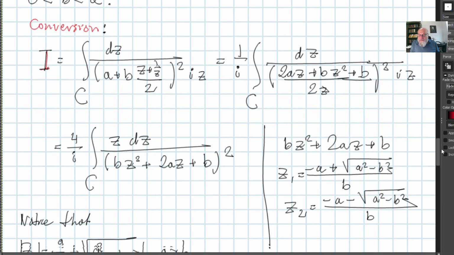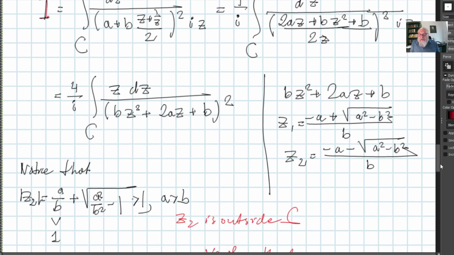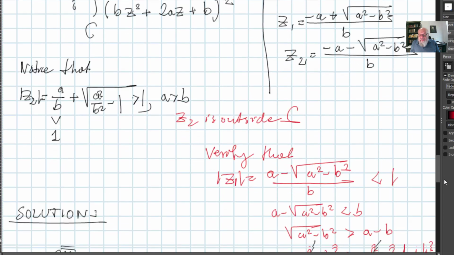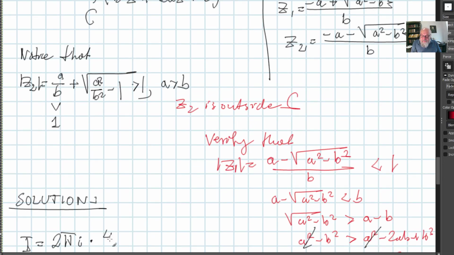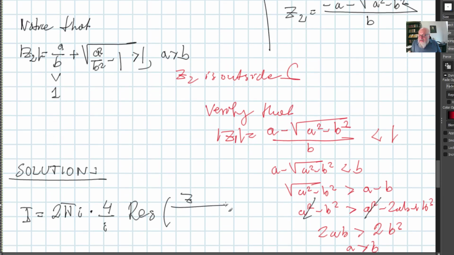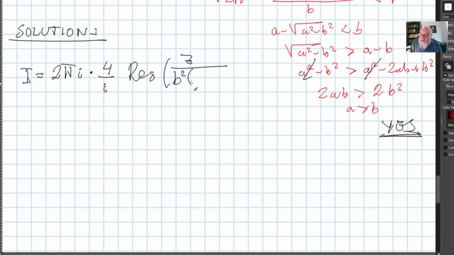Solution, final step is that your integral I is equal to 2 pi i, and now remember we have this integral, so this is 4i times the residue of the function, and my function is z divided by, and here is the factorization of this function, so this will be b squared, z minus z1 squared, z minus z2 squared, at the point z1.